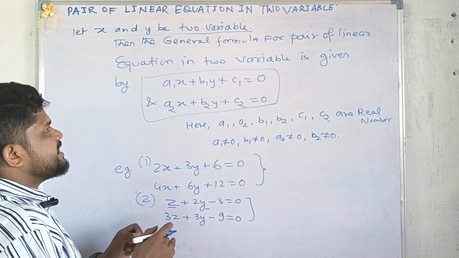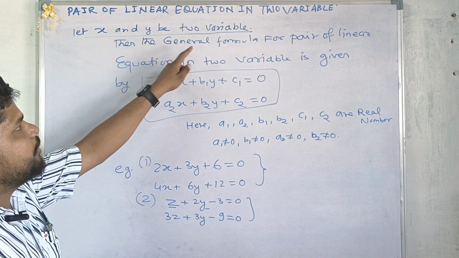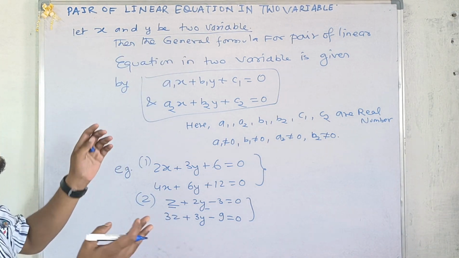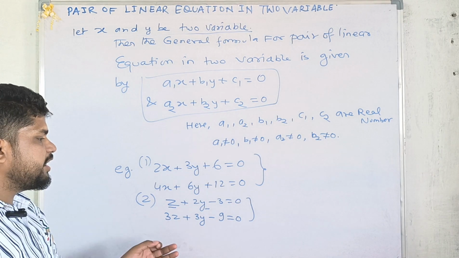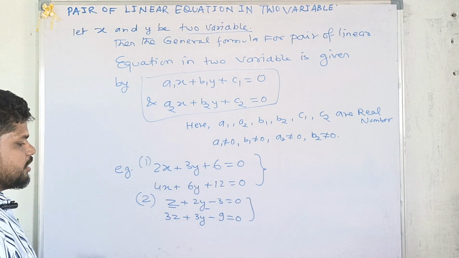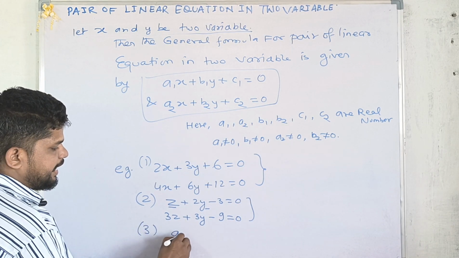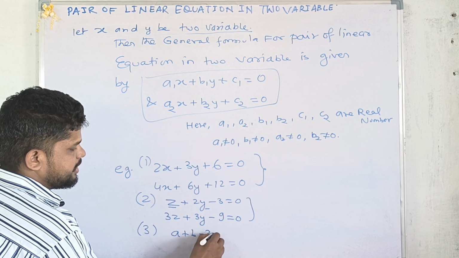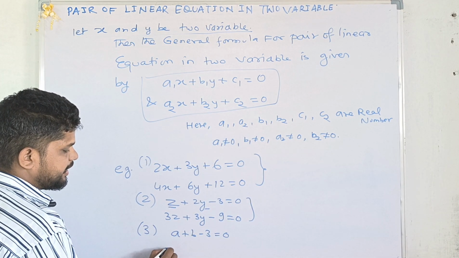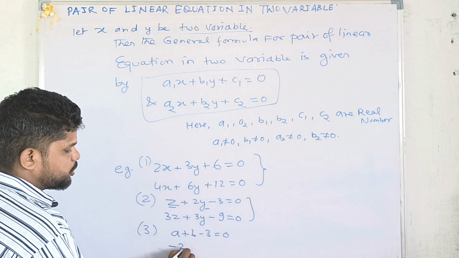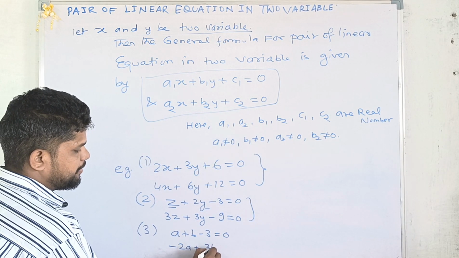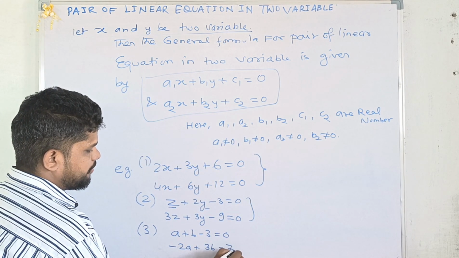Okay, it is independent of the variables. You can choose any variables, any small English alphabet you can choose. So let us suppose, can I write a + b - 3 = 0, and here I am writing -2a + 3b = 7.